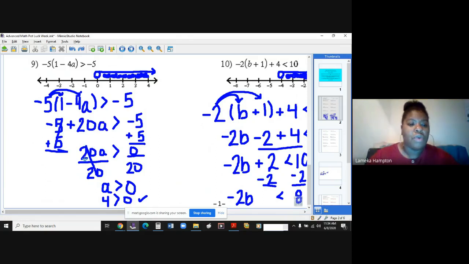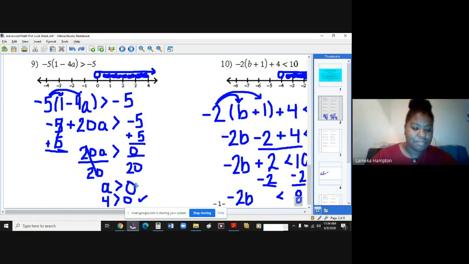Now, what I have is 20a is greater than 0. And I divided both sides by 20 because, again, I want to isolate my variable. And when I isolate my variable, I am left with a is greater than 0.